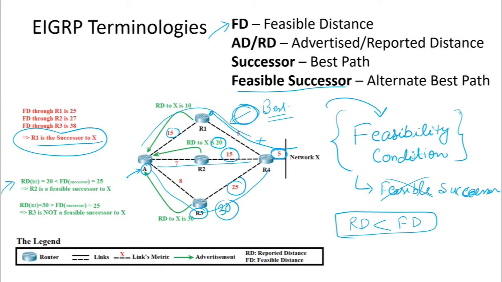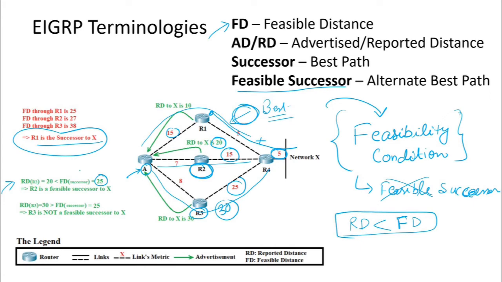One of these will be the alternate best path, or the second path. That second path is only possible when the reported distance via R2 is less than the feasible distance. So what is the feasible distance? Here the total is 25 through R2, right? That's 25. No, sorry, that is of the successor.